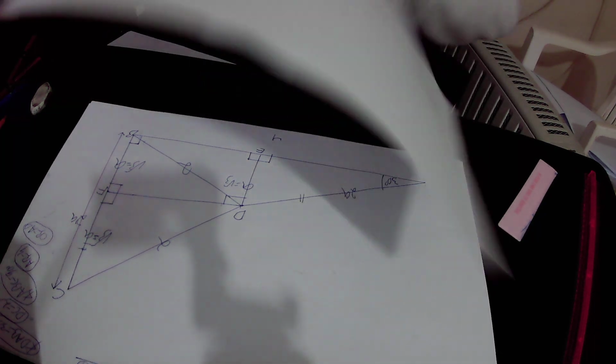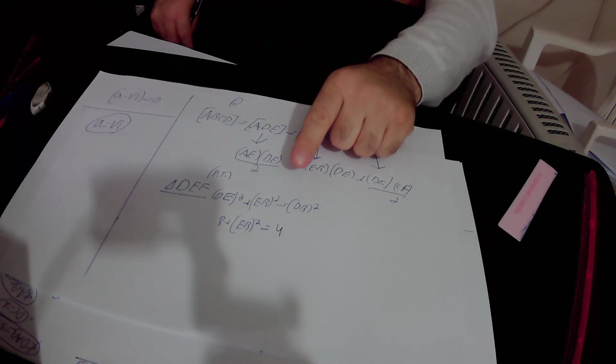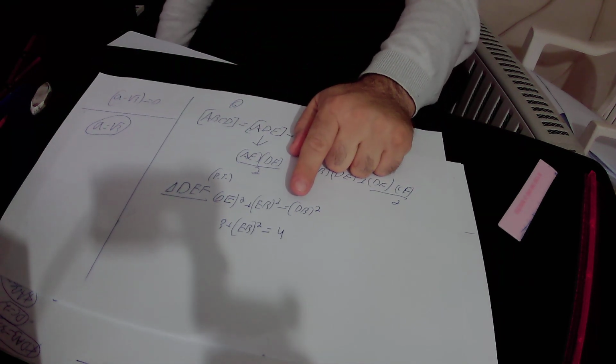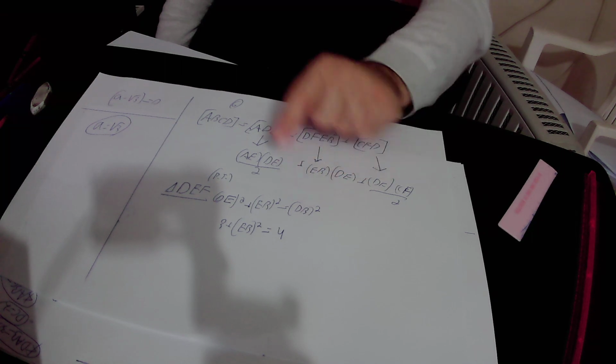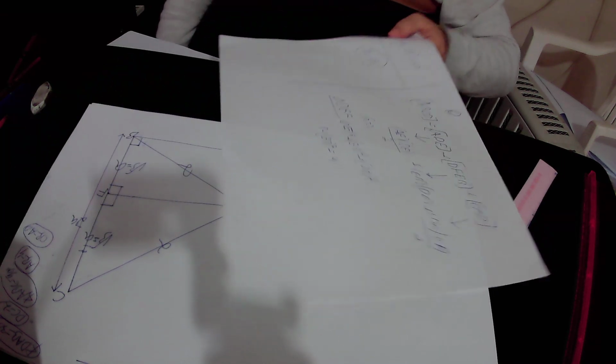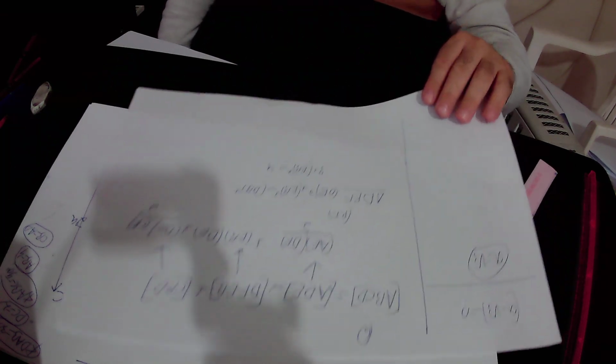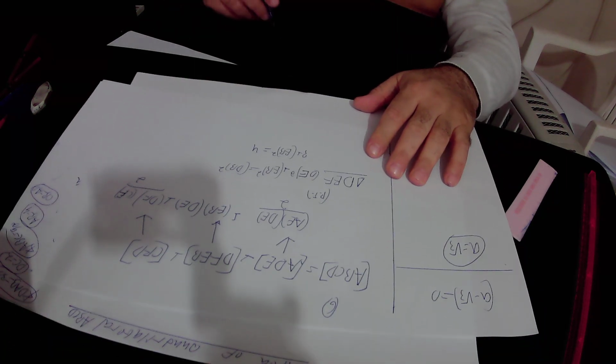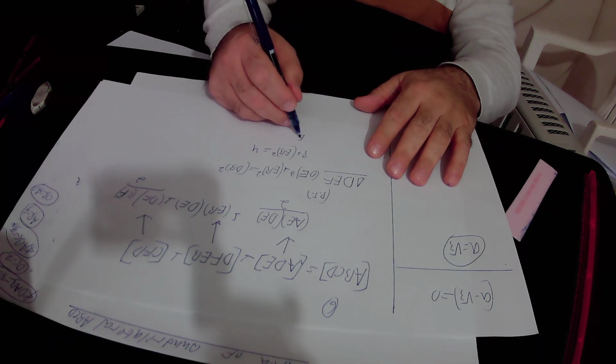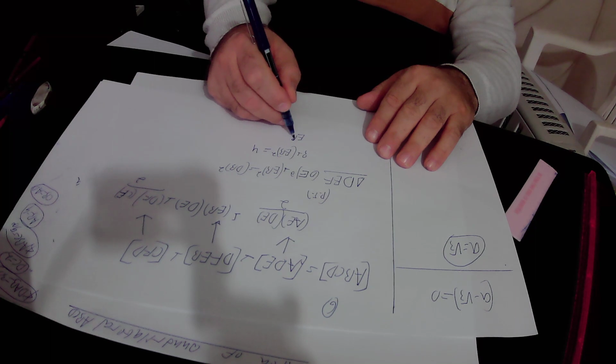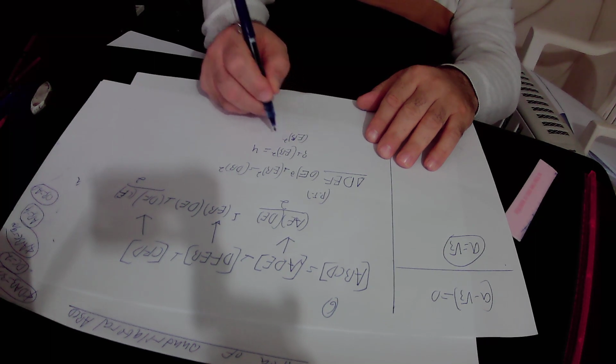So we found out that 3 plus EB square equals 4. We will subtract 3 from this equation and we will get that EB square equals 4 minus 3, which is 1.